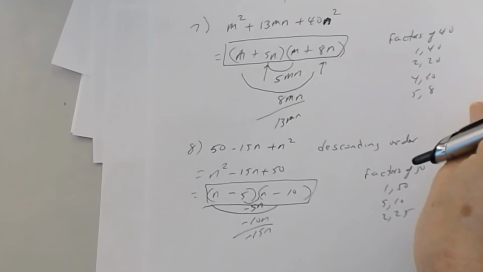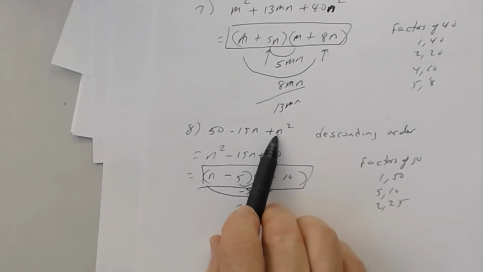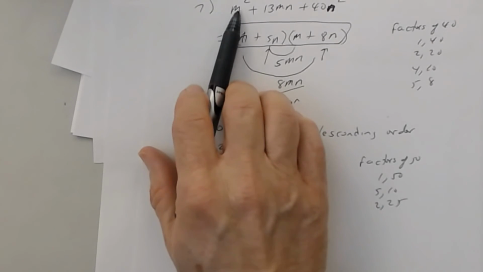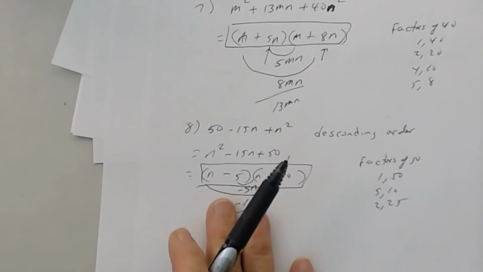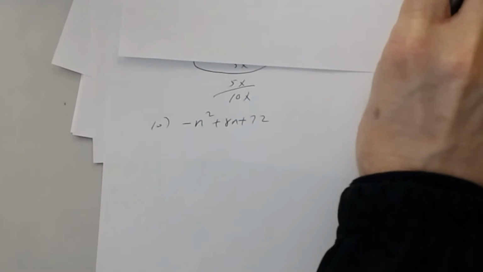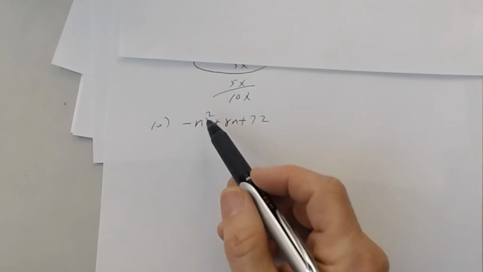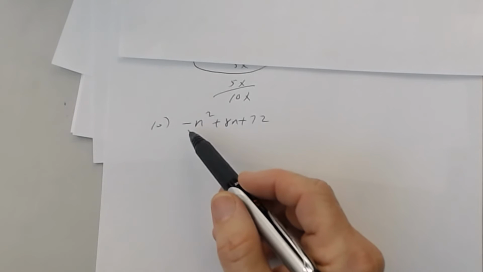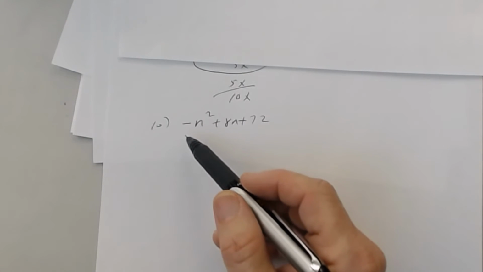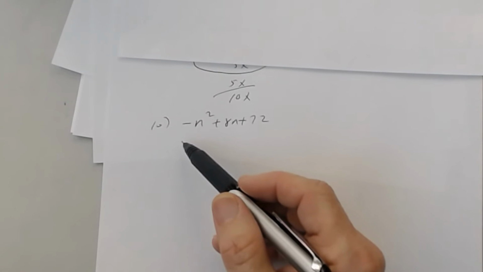The coefficient in number 8 for n squared was a positive 1. Coefficient number 7 for m squared was a positive 1. So they were all positive. But now I'm at a situation in number 10 where the coefficient of n squared is a negative number. Most students don't like dealing with n squared having a coefficient that's negative.